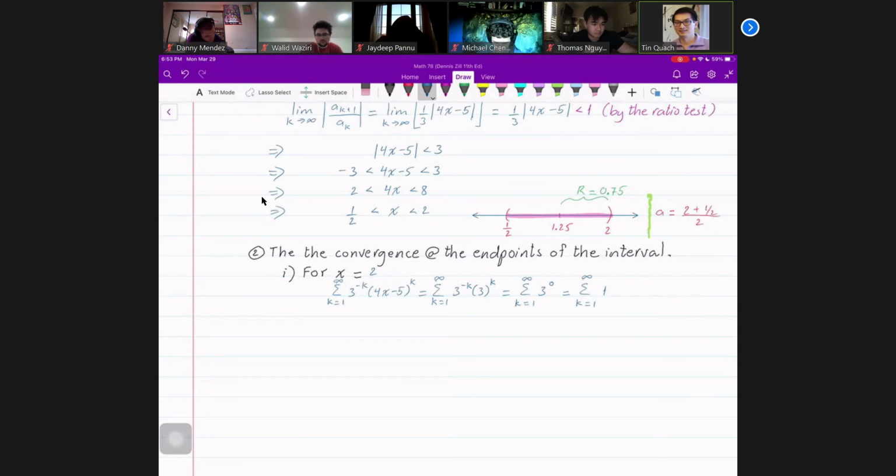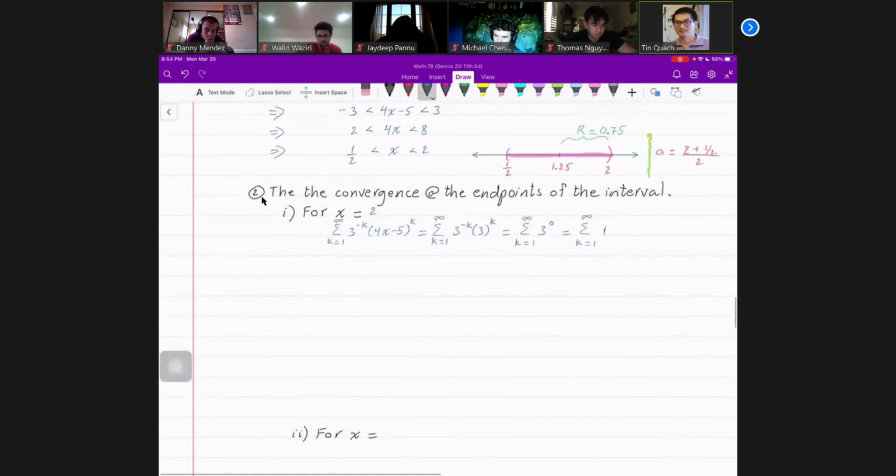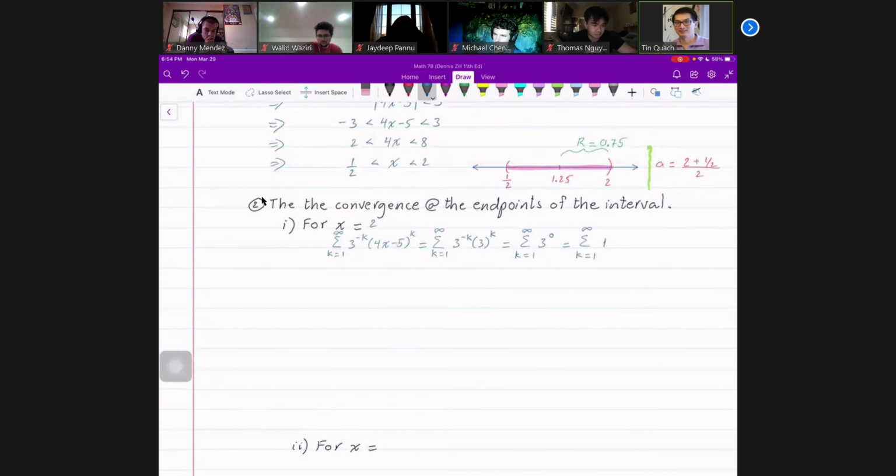There's no way for you to add 1 to itself infinitely many times and get a value. So is there a rule, or a test, for you to show that this series diverges? This is a good review. The name of the test is called the test for divergence.